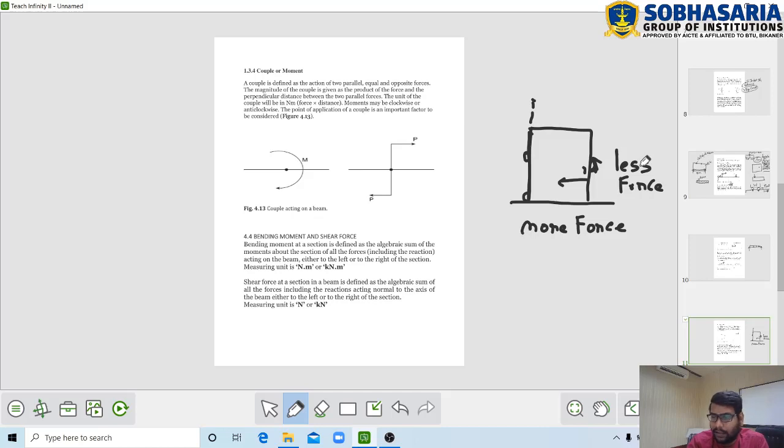It means that when you apply less force to open the door and it is easily opened, the moment is more.